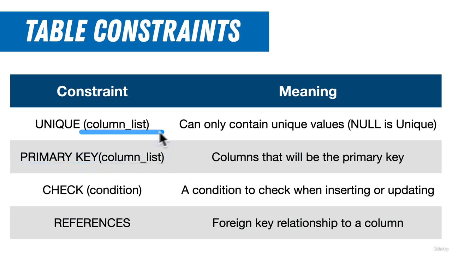So the main differentiation here is you can give a list of columns that need to adhere to this constraint. At the table level, it's a column list. It's not a specific column. And then when we write check conditions, check conditions are applied on inserting or updating. So you can check a condition against one or multiple columns.